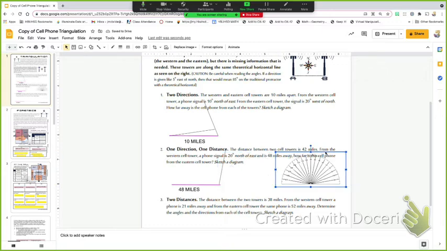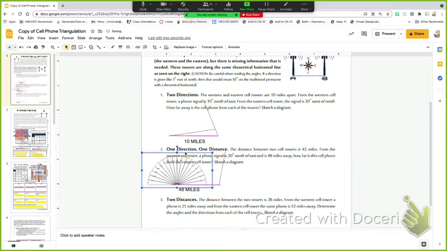And then on the other side, I have to draw a 20 degree angle. So I'm going to move my protractor over to here. Make sure the end of that line is through the hole, and I have to draw a 20 degree angle.